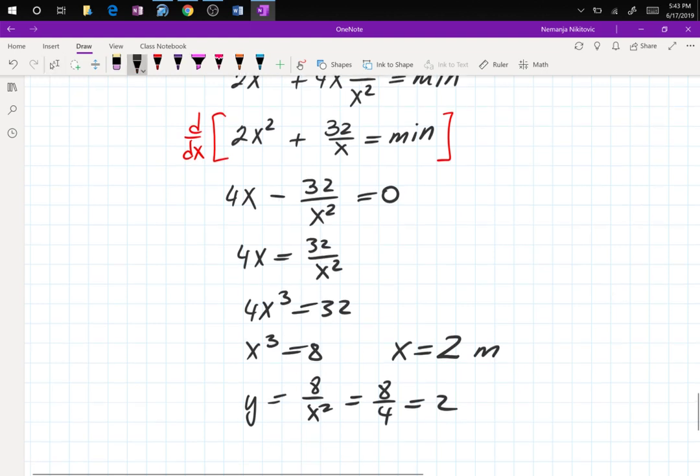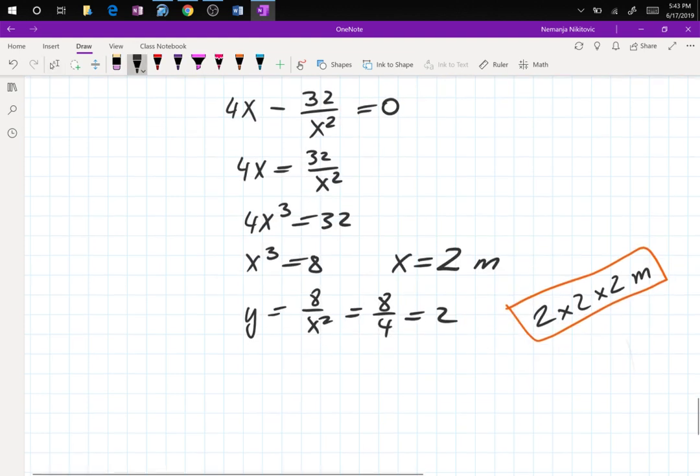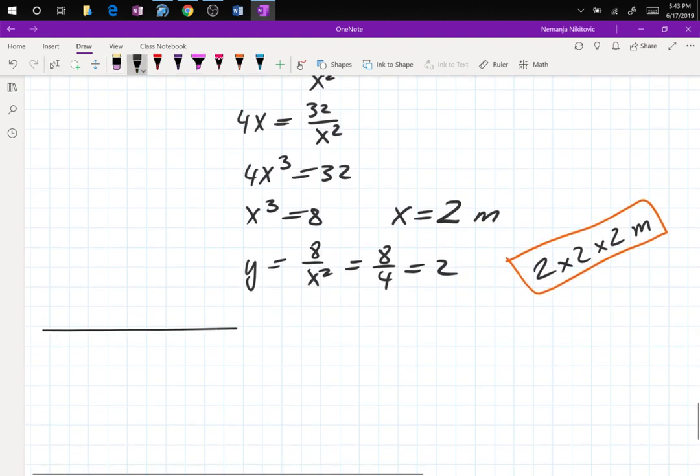So the box is 2 by 2 by 2. It's a cube. Box is a cube. That would be the side. Cool.